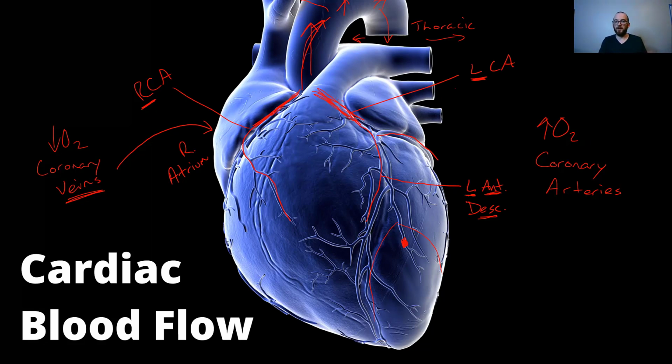So not the blood through the pulmonary arteries and pulmonary veins, that's where the gas exchange happens, but what blood vessels actually keep the lungs alive, right? Because the lungs need oxygen just like any other tissue. And so there are little bronchial arteries that branch off of the thoracic aorta. So again, we've got big arteries that branch off into smaller and smaller ones to perfuse all the different structures throughout our entire body. Right? So that's where we're getting in on that side.